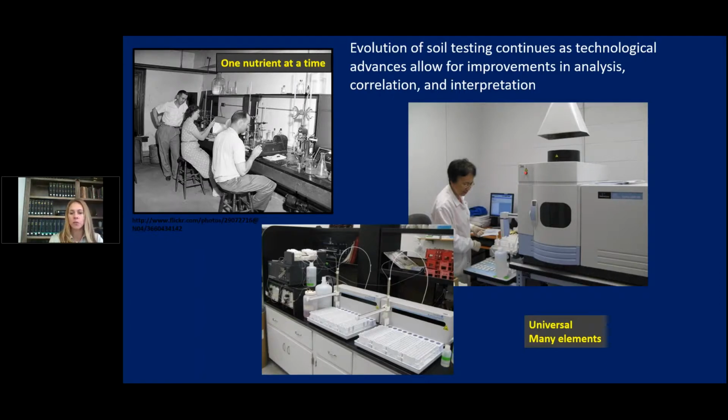For instance, those two pictures in your right-hand corner are instruments that exist in the University of Florida Soil Extension Lab. So with the advance of technology, commercial labs can run a much larger number of samples with a much faster turnaround.